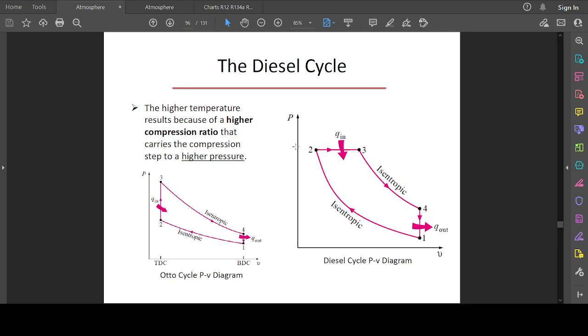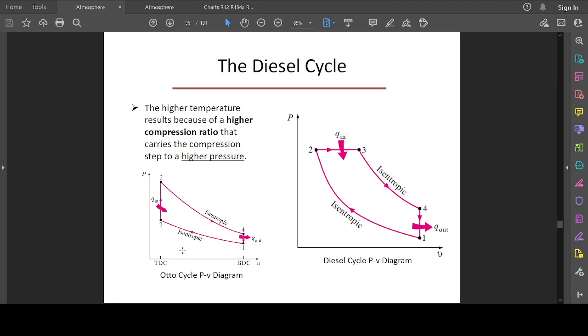Then we have an isobaric process, where the heat is added at a constant pressure. Then there is an isentropic drop in pressure to stage 4, and we have an isochoric, constant volume heat removal. So the major difference is a result of the different heat addition process.